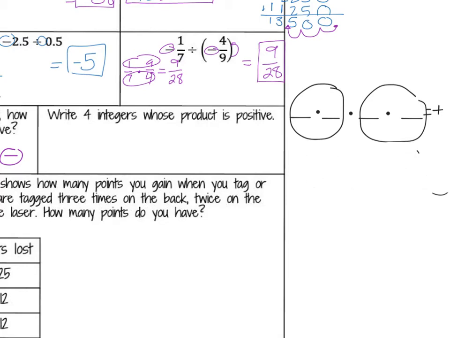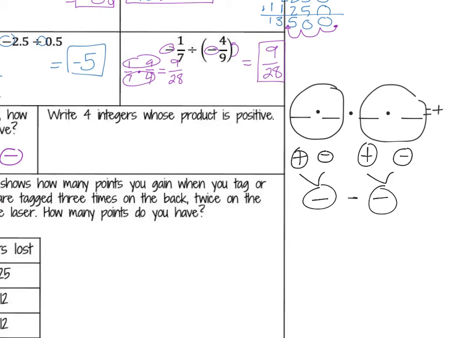They could be all positive. Or you could do a pair of a positive and a negative, and a positive and a negative. Right, because this is going to be a negative times a negative, which is positive, and gets you to that positive result. So let's do one of these.